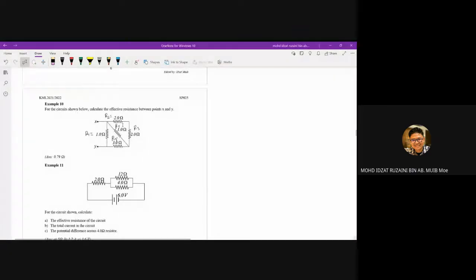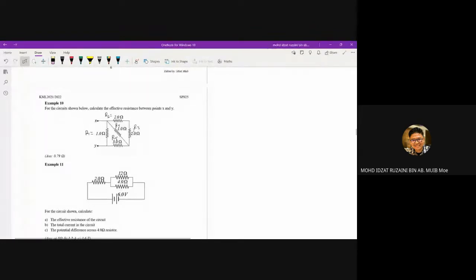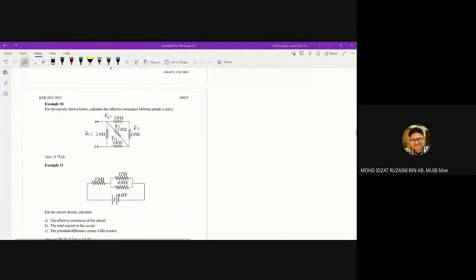R2 and R3 dahululah. Okay, so R2 dengan R3 ini is connected in which connection? Series or parallel? R2 dengan R3 itu disambung dengan apa? Series. Okay, secara series. So you have to solve that one using a series equation lah.